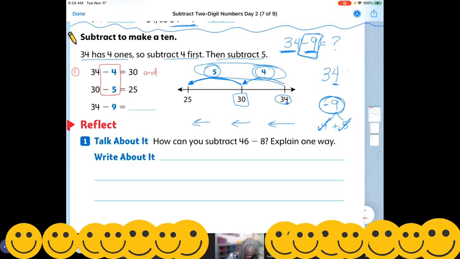The next thing we're going to do, step 2, is take the 30 and then take away 5 more, right? And I get 25. So there should be a big so right here. That tells me that 34 minus a total of 9, because I know that 4 and 5 equal 9, my final answer is 25. Everybody go ahead and write the 25 there.